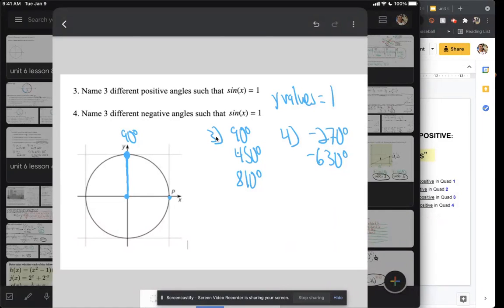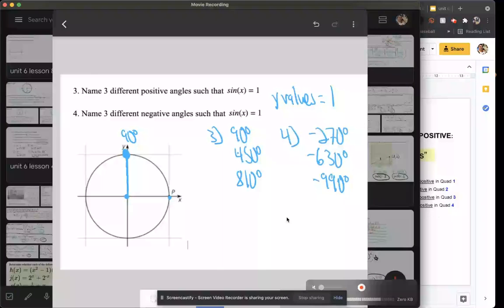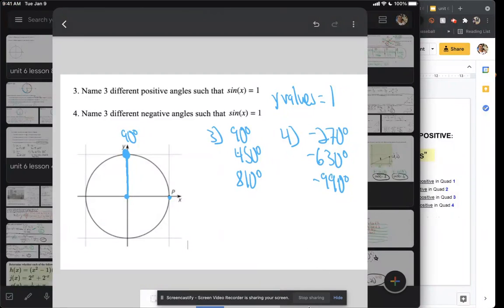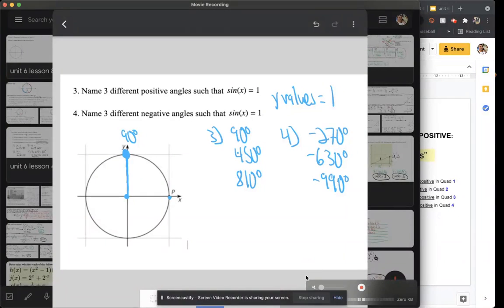And then I could subtract 360 yet again and get negative 990 degrees. All 6 of these angles, the 3 positives and the 3 negatives, would all end in this same spot up top here. Your cool down tonight is going to be very similar to what I just did in numbers 3 and 4. And that's it for lesson 8.